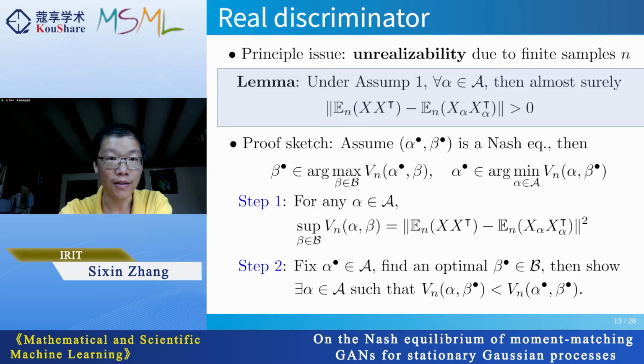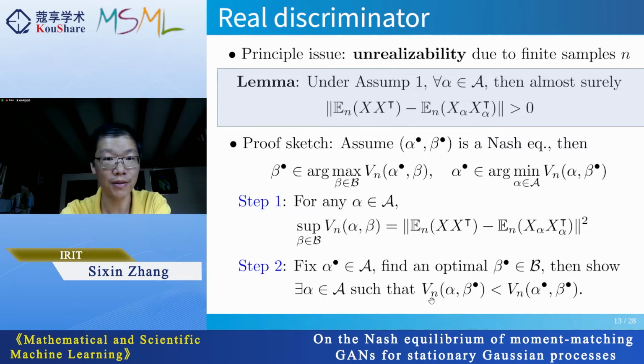The proof sketch is to assume that alpha dot, beta dot is a Nash equilibrium. Then we can argue that beta dot should be a global maximum of this Vn, and alpha dot is the global minimum. Then what we are going to do is to show that the maximum value of the Vn over beta is non-zero. This is measuring the covariance matrix error squared, and this error is non-zero, but we can still find an alpha that achieves a smaller value, that is 0.